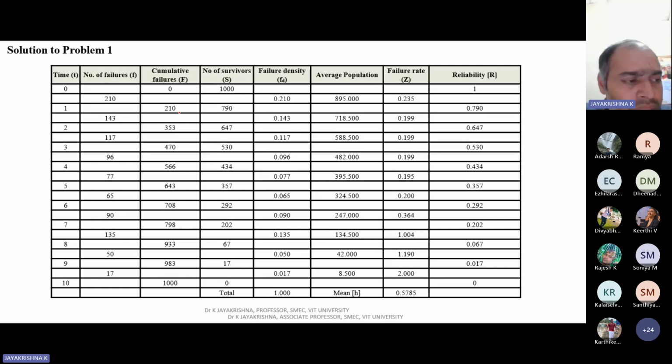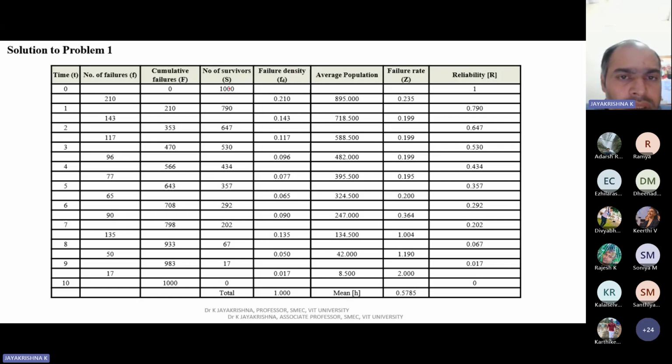1,000 minus 210, you get 790. 790 minus 143, you will get 647. 647 minus 117, you get 530. Like that, you will be able to calculate your number of survivors. How do you calculate failure density? Failure density is 210 divided by 1000.